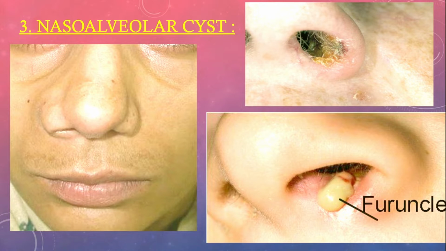Now the second picture, right below, is of a furuncle of the nasal vestibule, and you can all see that pus is coming out of that swelling, and it's due to a hair follicle infection, the vibrissae in the nasal vestibular area.